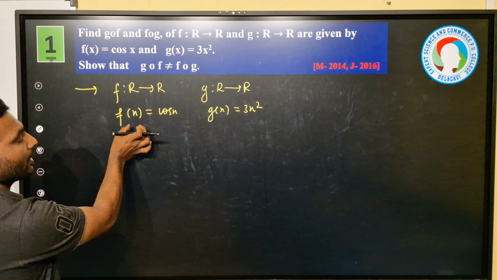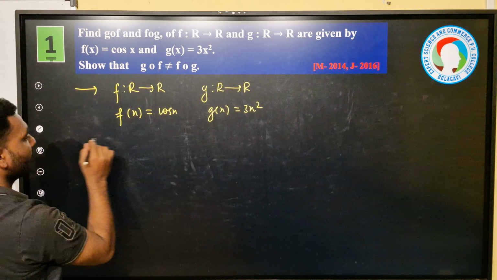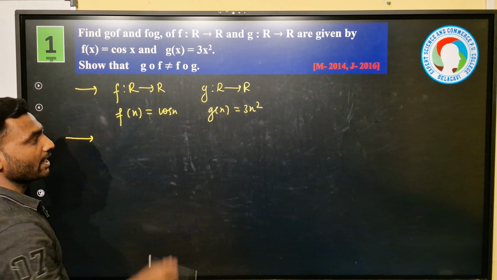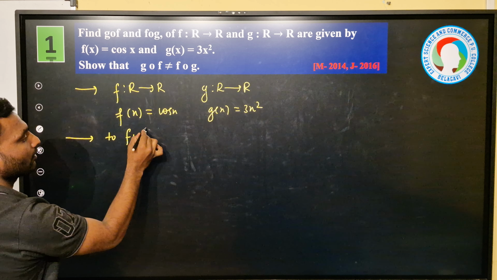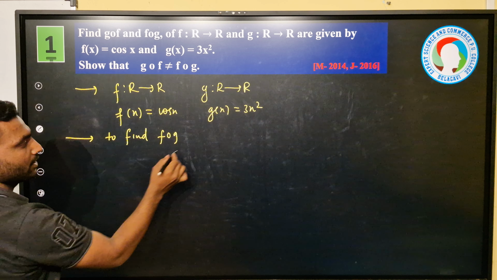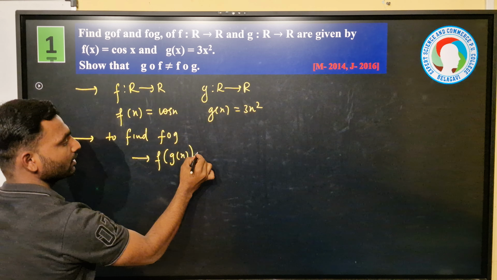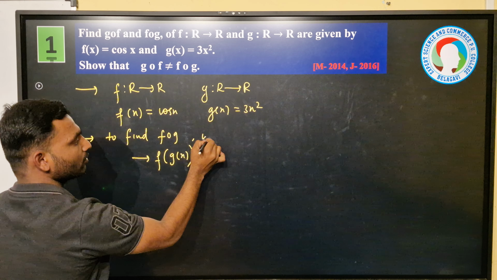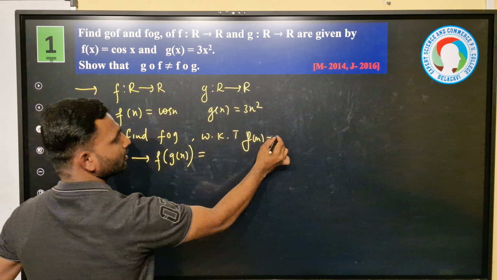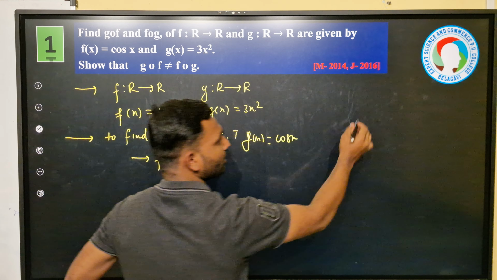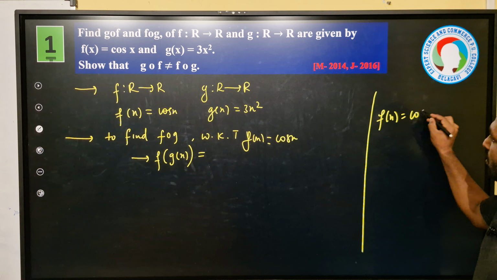So here f of x is given, g of x is given. Both mappings are real to real. Then you can find f of g and g of f. First, to find f of g: f of g of x. We know that f of x is cos x.